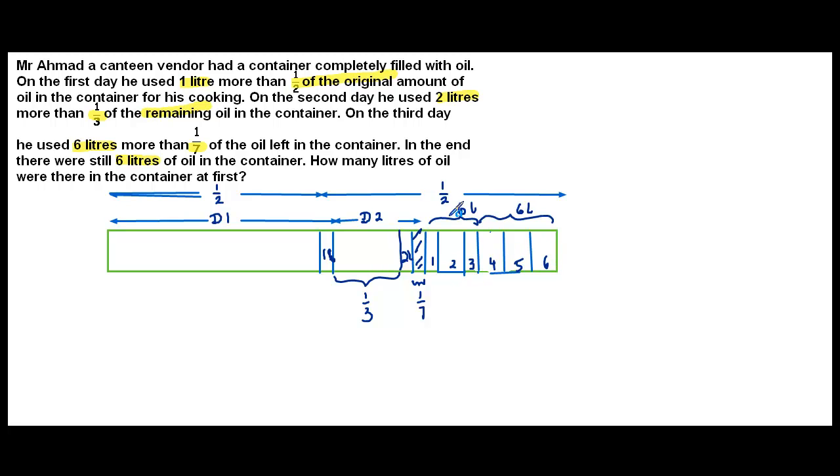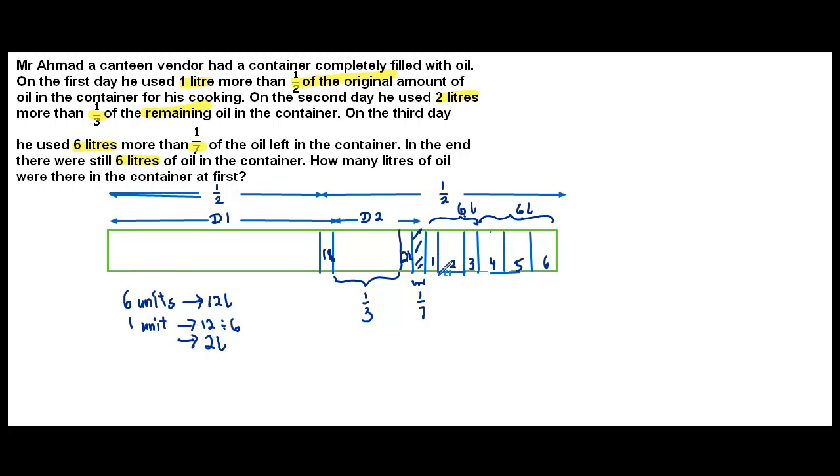And the 6 units equal 12 liters, 6 plus 6 liters. So this would be our first statement. 6 units equal 12 liters. So 1 unit would give us 12 divided by 6, 2 liters.